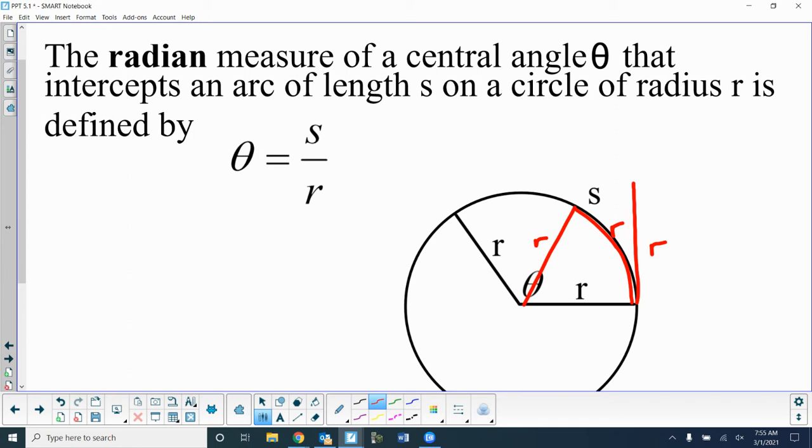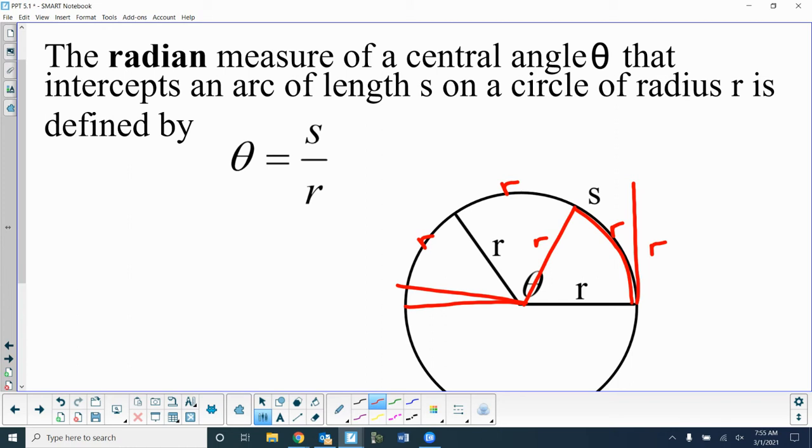Okay. So if I went straight across here, I could probably get 3 R's and there'd be a little bit less than 3 full ones. There'd be a little part of this that wouldn't quite fit. It's a little short. 180 is halfway around.